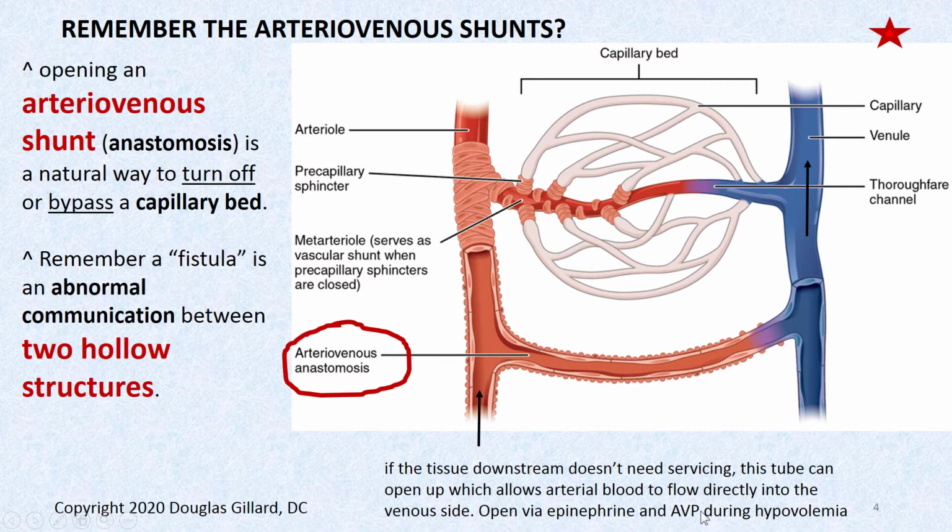Same thing with arginine vasopressin. Remember, we said that if you're dying, we don't need to feed the skin blood, so these arteriovenous anastomoses can pop open and save blood from going into the skin and keep blood in the core system to try to keep your pressure up.